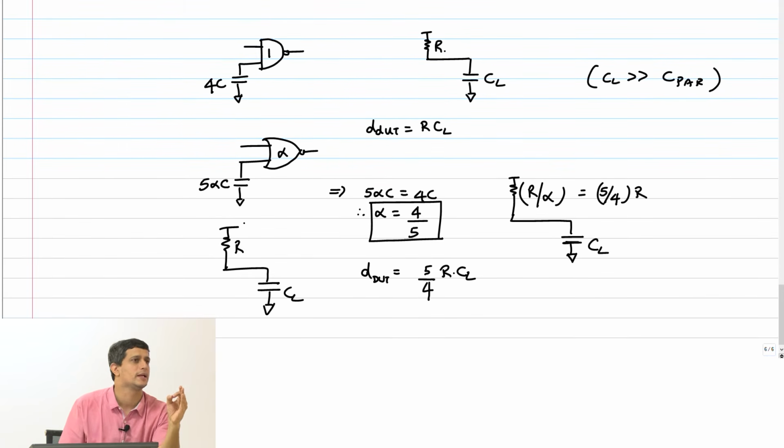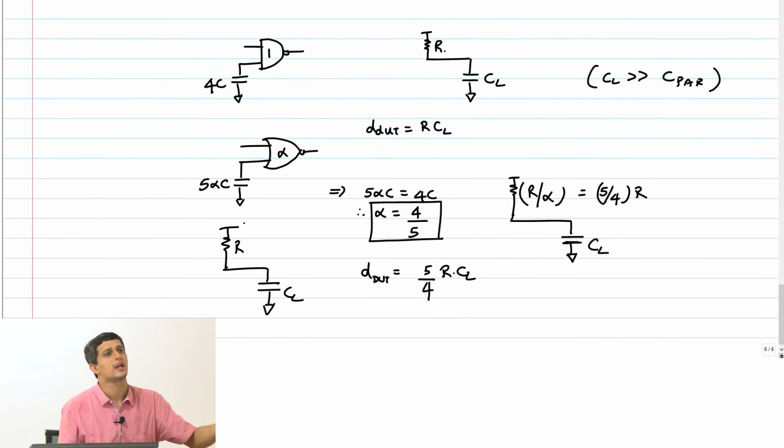All I'm trying to say is you cannot achieve higher drive strength by upsizing the gate without resulting in higher input gate capacitance to the previous stage. Your delay will get affected either to itself, its own delay will get affected, or the previous guy's delay will get affected.